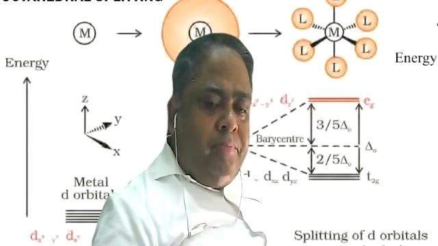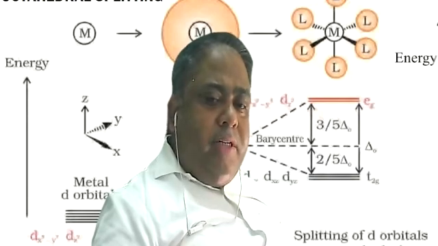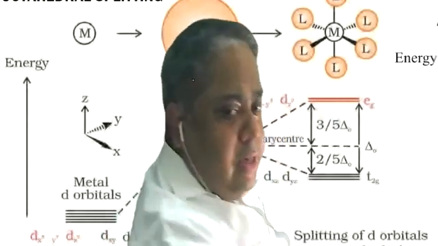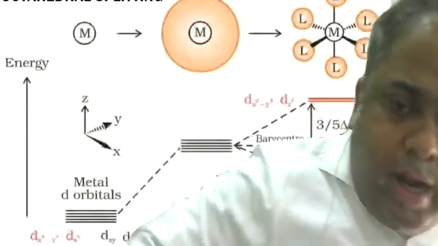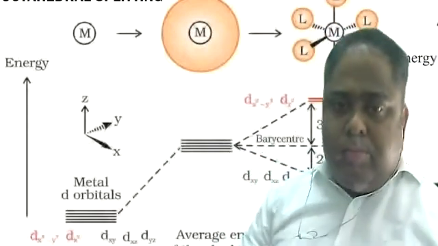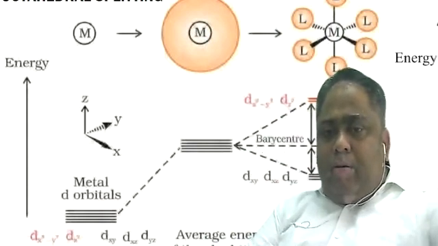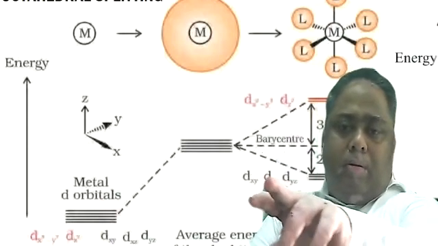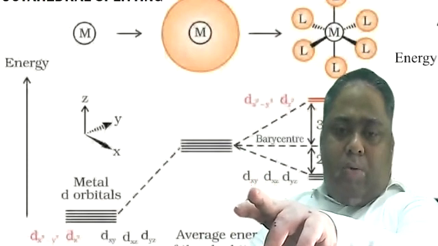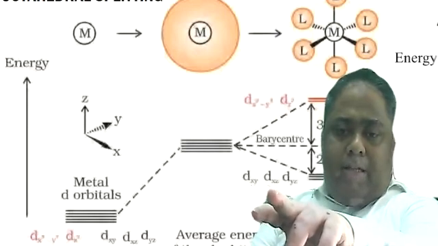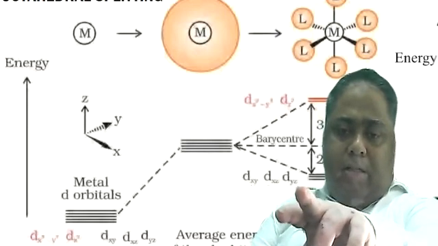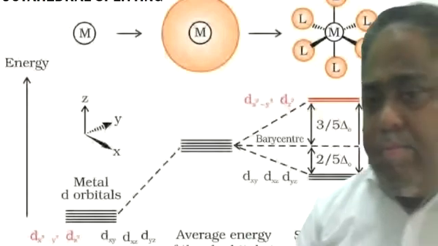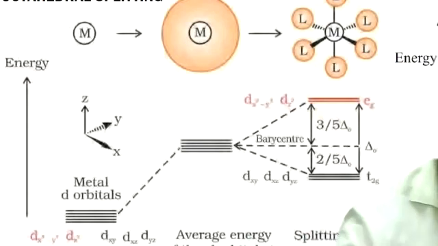Now, if any electron is there in the T2g set, the three orbitals dxy, dxz and dyz are called the T2g set, and dx square minus y square and dz square are the Eg set.